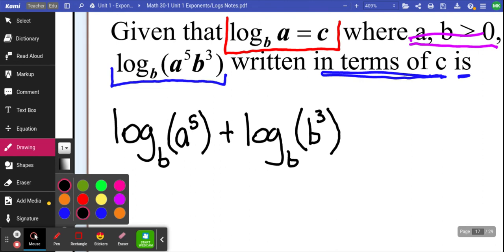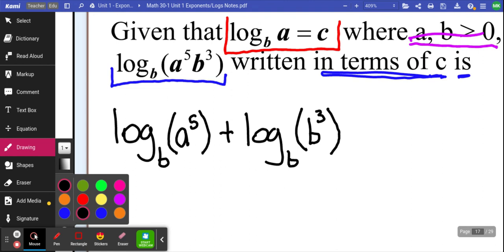Base b, argument a. The second log doesn't have a at all. But it does have same base, same argument. And if I was able to get it same base, same argument, I know that that will always equal 1. So I can get this in terms of c. This one's going to turn into a number. This one's going to turn into c.